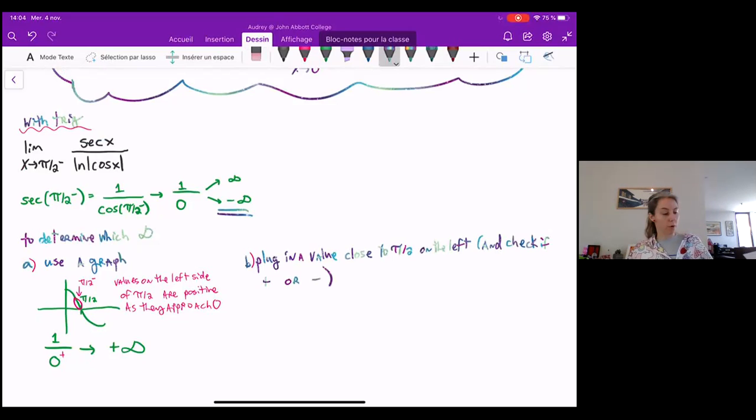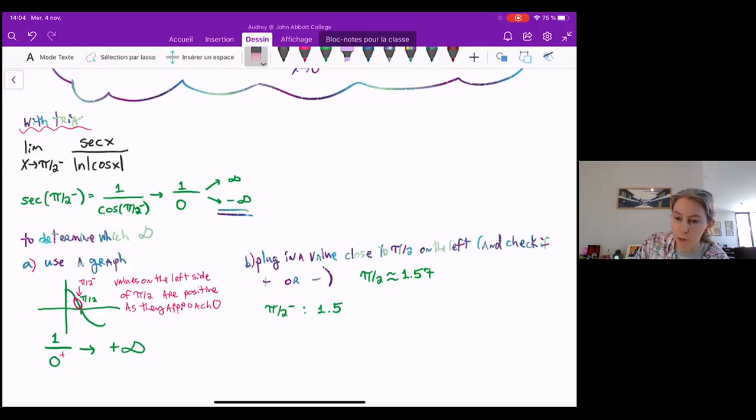So a good way to approach this would be to just plug in pi over 2 on your calculator, get a decimal, and find a value that's close to that. So here I can say that pi over 2 is approximately equal to 1.57. So if I'm doing pi over 2 from the left, I could plug in something like 1.5.